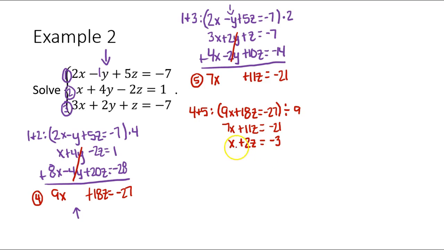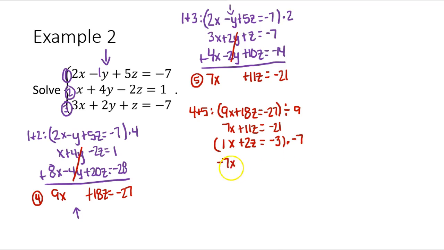Now what this has done is it's given me a lot smaller numbers down here. Not only that, but it's given me a 1 coefficient right here, and it'll be pretty easy to turn that into this 7 right here. So if this is going to be the second part of my system, let's take this equation now and multiply it by negative 7.